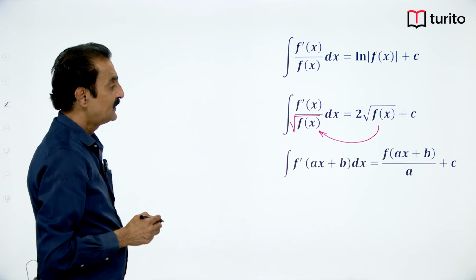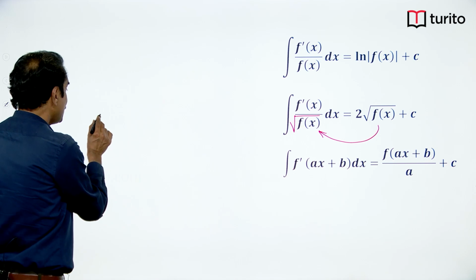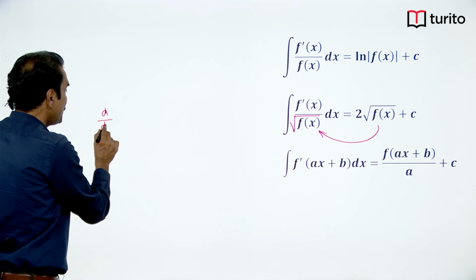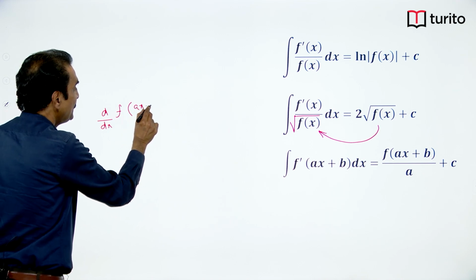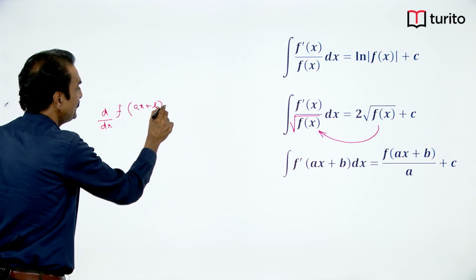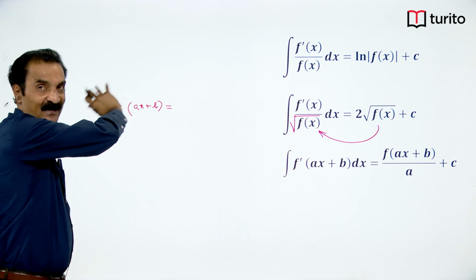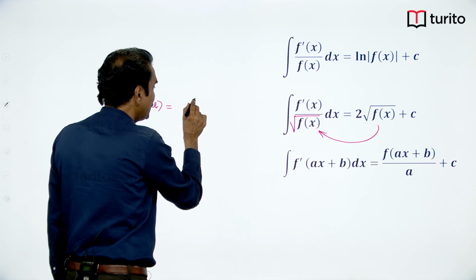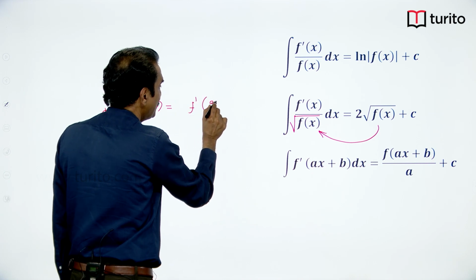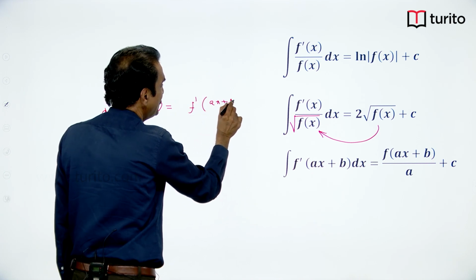Next, in differentiation, when you are differentiating f of ax plus b, what will you do? Assuming that ax plus b is x, you will differentiate, you will get f dash of ax plus b.